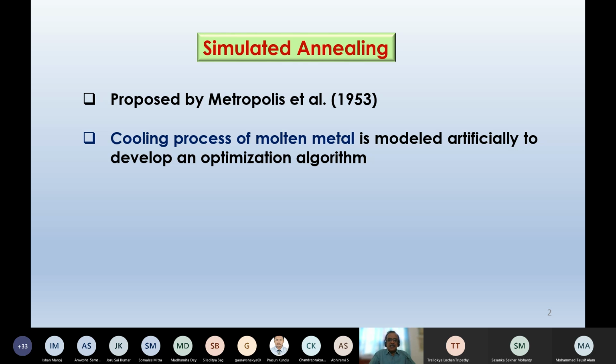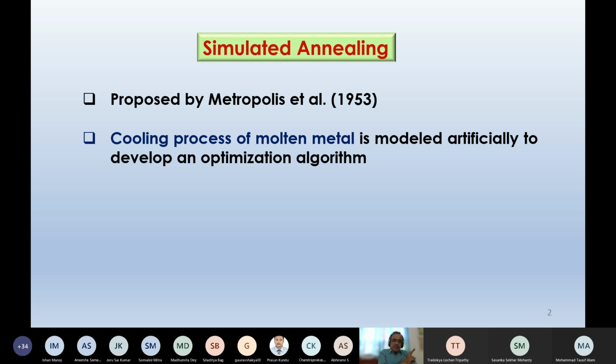It is at the highest energy state. And if it is allowed to solidify, we will be getting the solid metal. Whenever the metal is in solid state, it has the lowest energy.